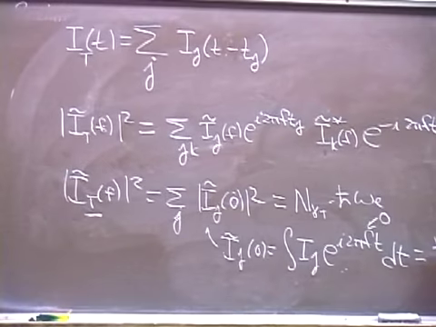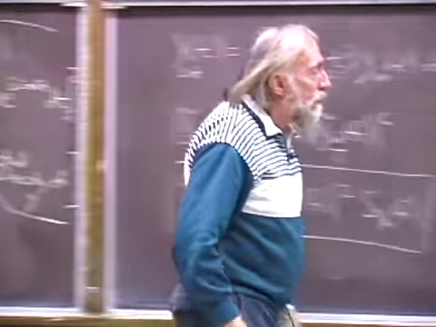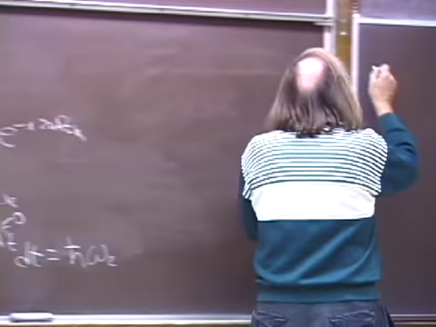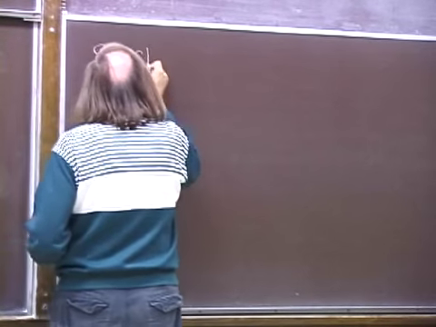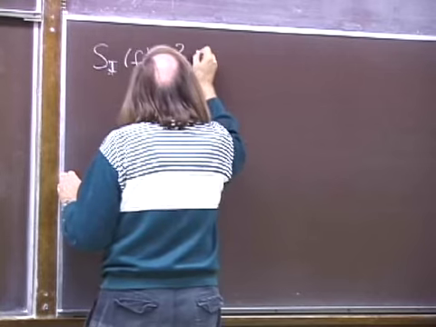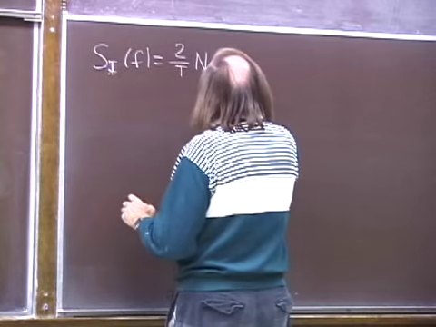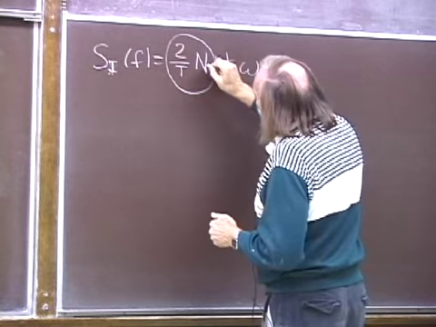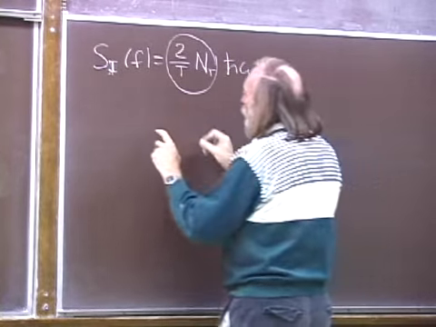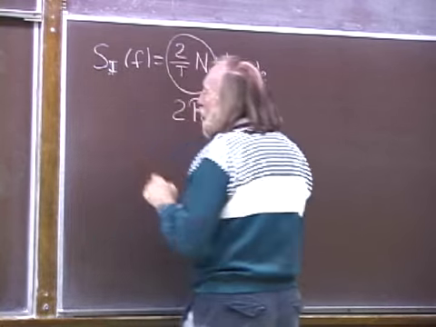And to get our spectral density, we want to take 2 over that time times this quantity I just computed. And so the spectral density of I, or S sub I of f, is just equal to 2 over time, the number of photons that I get in time t, times h bar, times the energy of each photon. Very simple. But 2 times the number of photons divided by the duration during which I collect them is just twice the rate of incoming photons.